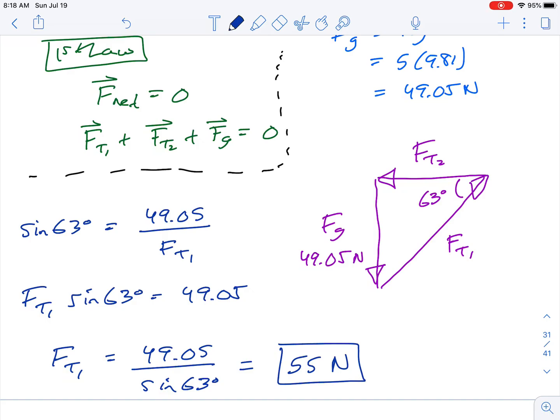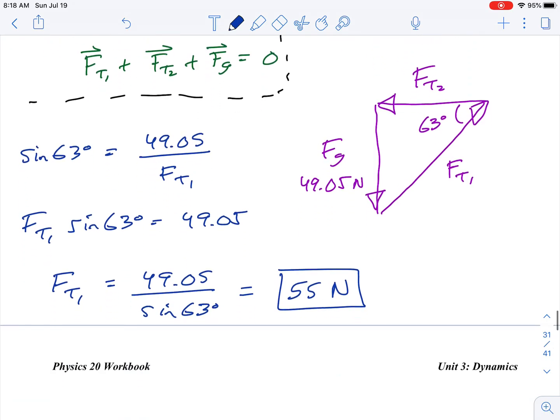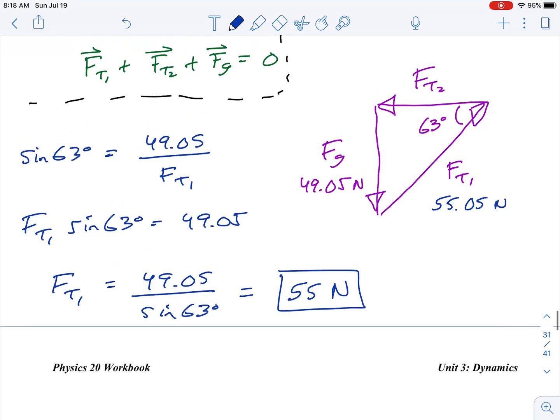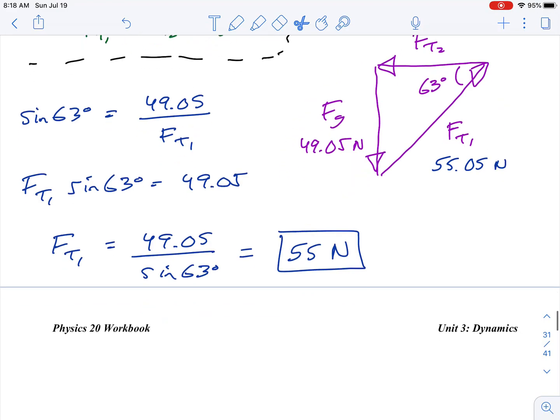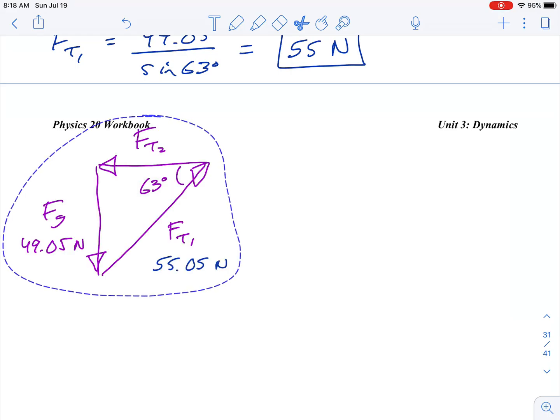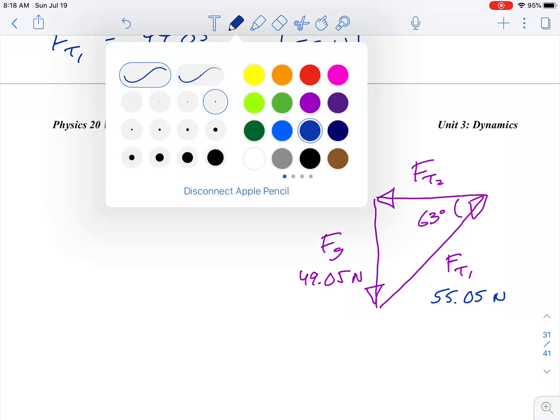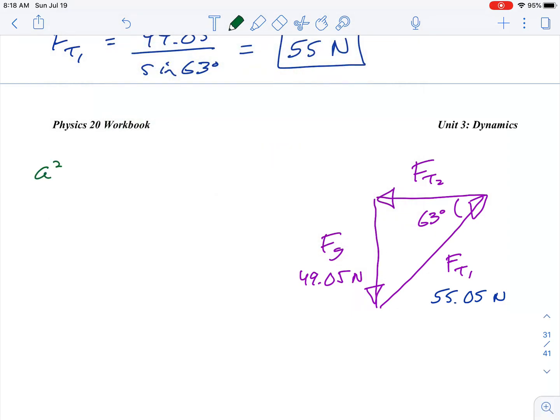Now you could do trig as well to find Ft2. Or, with the 55 newtons, this is 55.05 newtons. I'll just show you an alternative technique. Just so you guys have some variety of methods here, we could do Pythag to figure out the last part. We know that a squared plus b squared is equal to c squared, and c will be the hypotenuse.